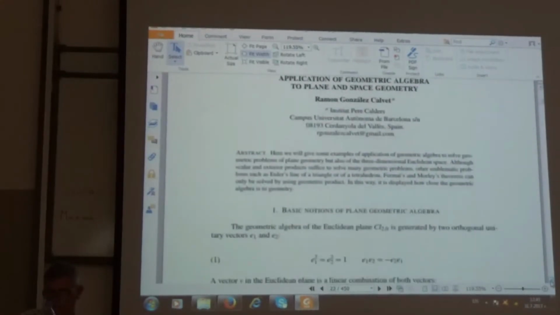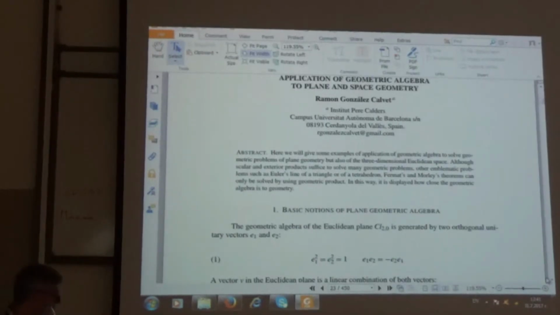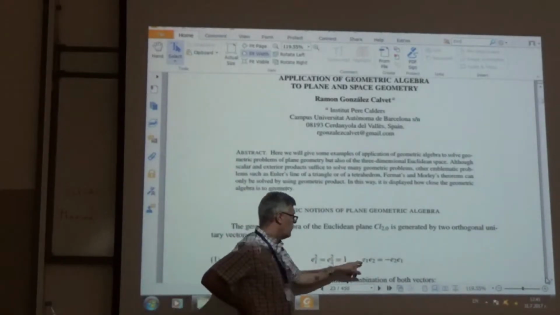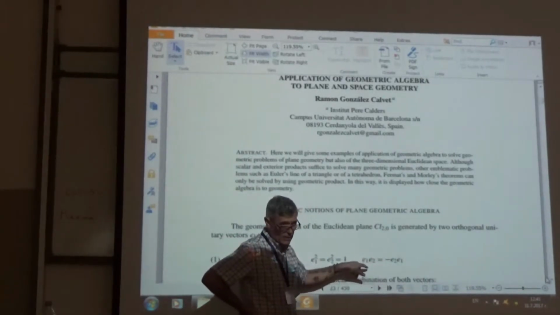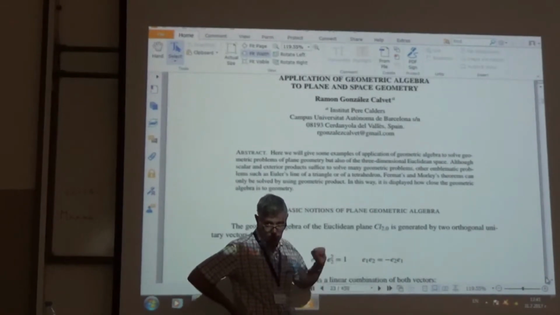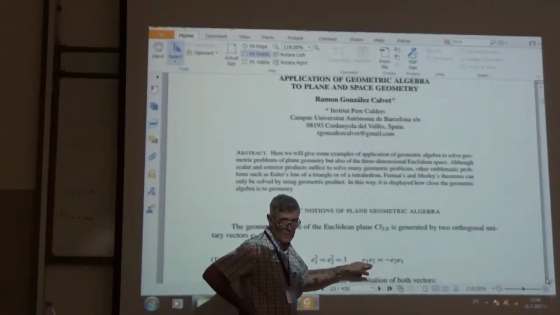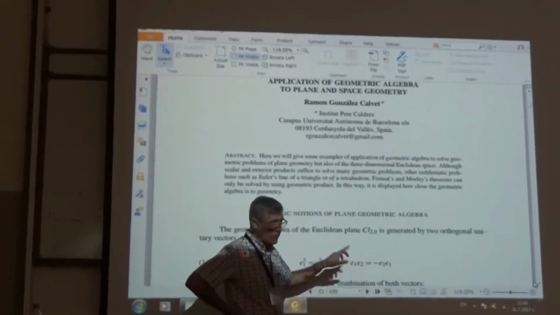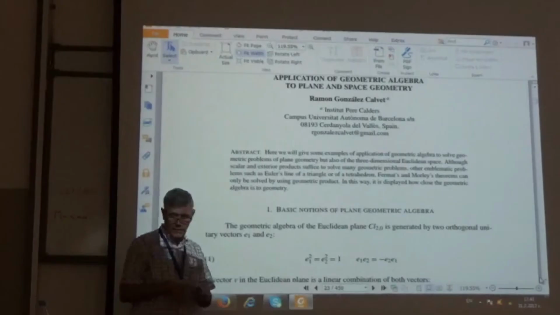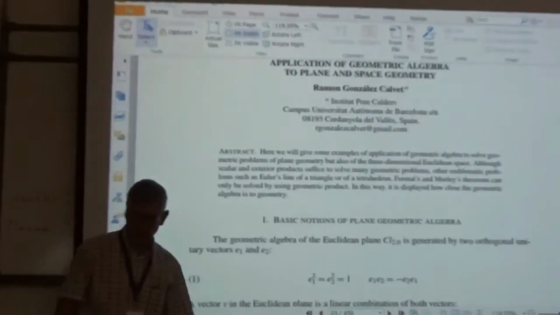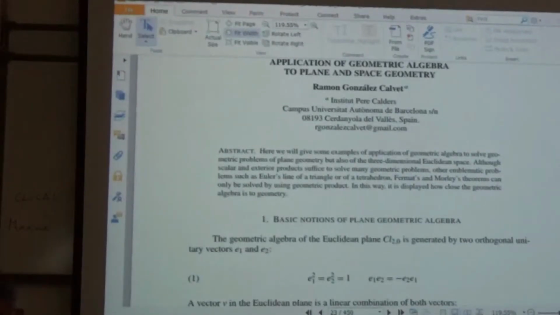Well, the definition of the Euclidean plane geometry is very easy. Usually two vectors with square equal to 1, which anticommute because they are orthogonal. This is a Clifford product, and it is the same as a stereo product because they are orthogonal. Only the products differ if the two vectors are not orthogonal.